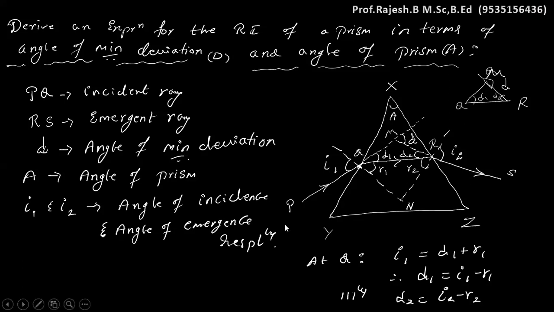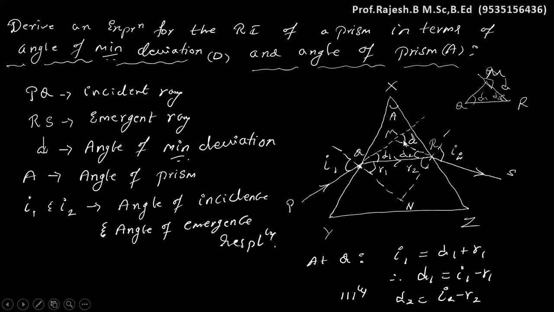If you draw two normals from both faces, they will meet at one common point. Let us mark it as N. The angle of refraction here is R1, and here the angle of refraction is R2. If you produce the incident ray forward and produce the emergent ray backward, both will meet at a point.